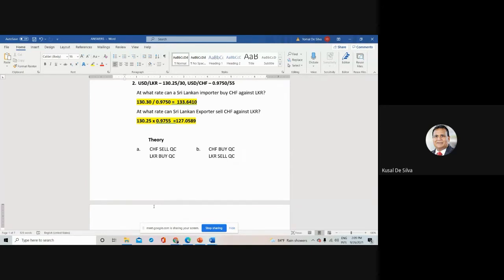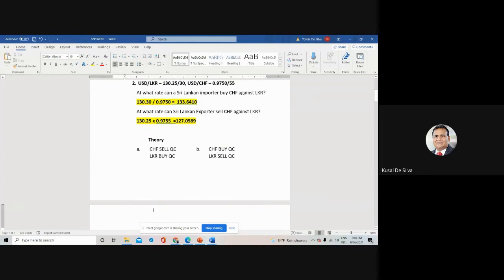Cross currency rates are very important to know, because if the dollar is getting strengthened, you can buy more of some other currency. If the dollar is getting weakened, you can buy dollars using the other currency. That's the mechanism they use.